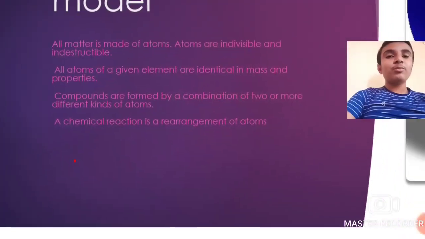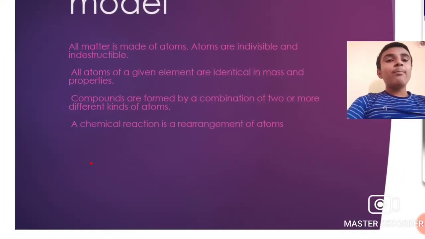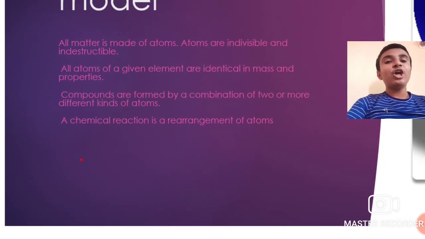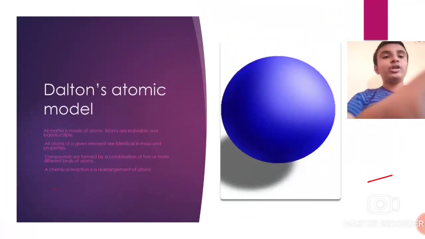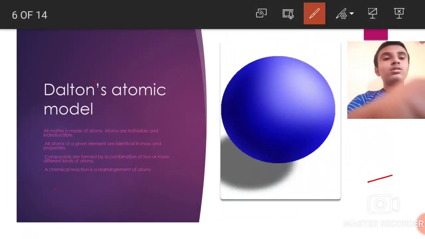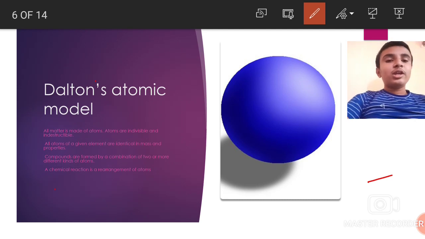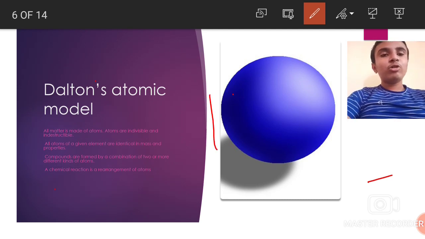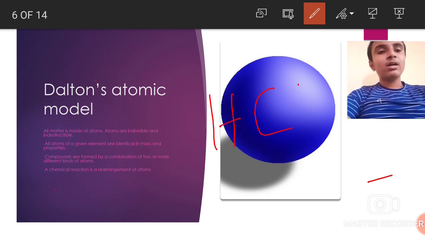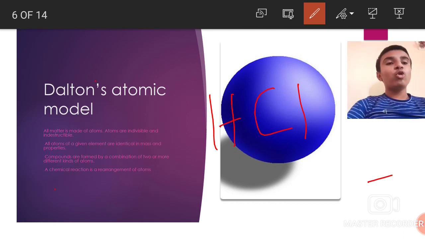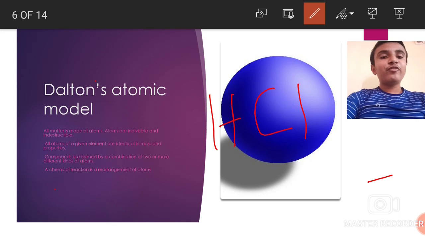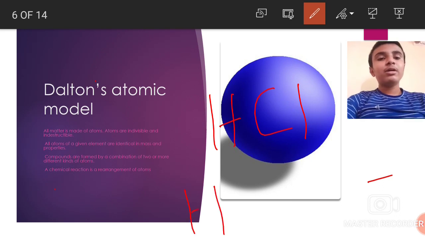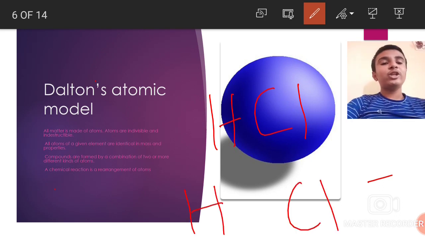Now, the third point that he stated was that compounds are formed by a combination of two or more different kinds of atoms. Yes, let me show it to you. Now, compounds, as we know about the compound HCl, that is hydrochloric acid. Hydrochloric acid is formed when one hydrogen atom and one chlorine atom combine together.